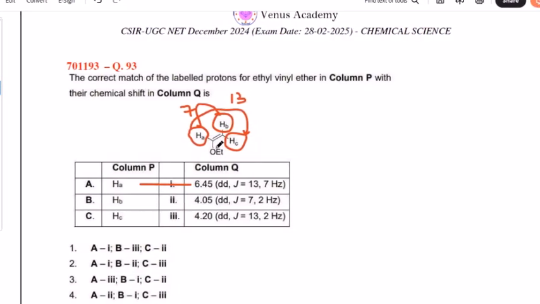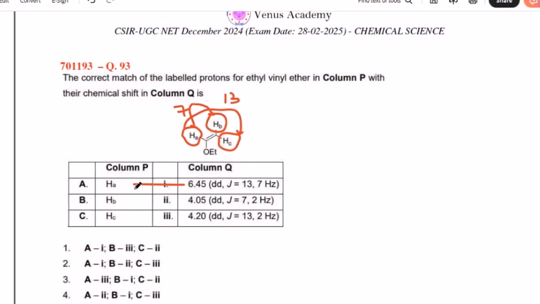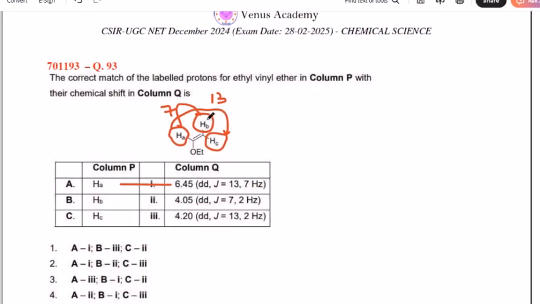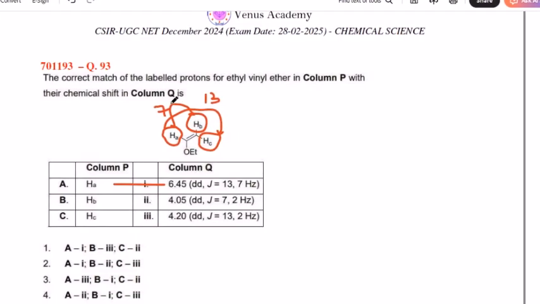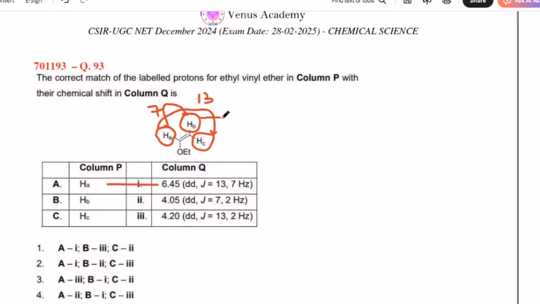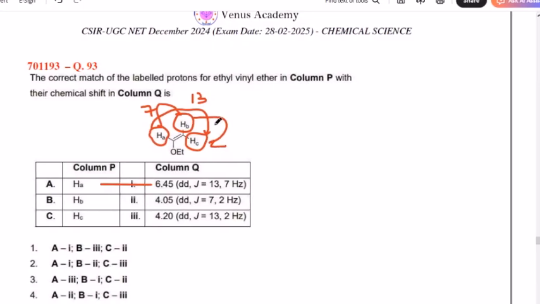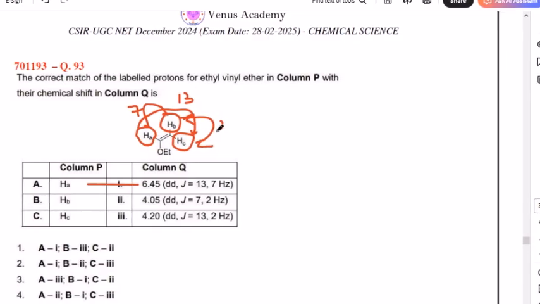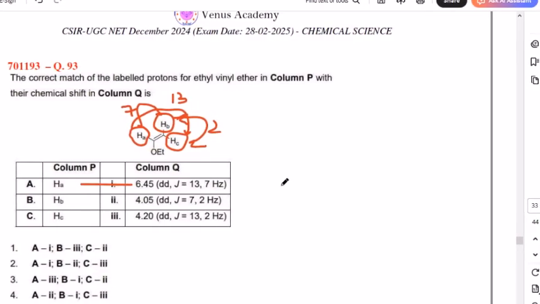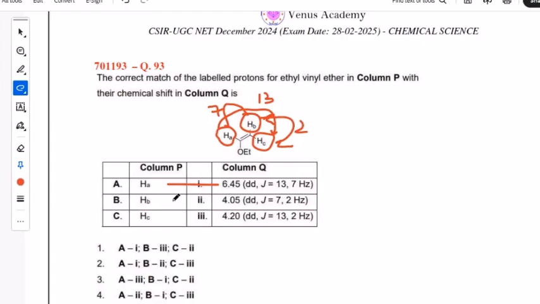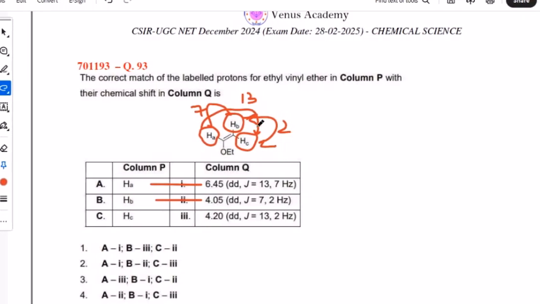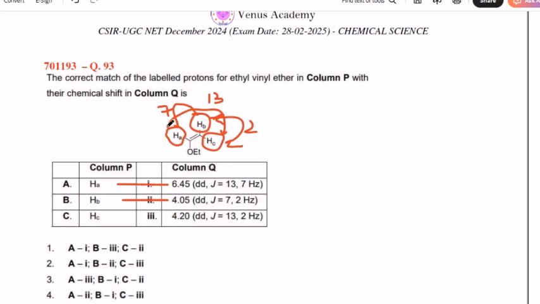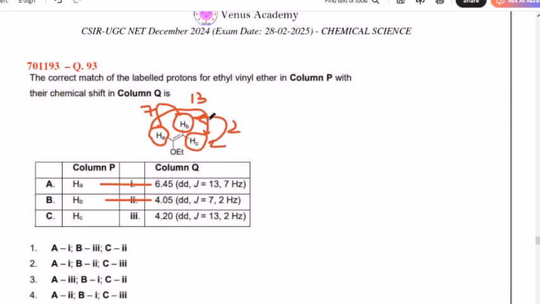Here it is adjacent to oxygen. Proton A is going to give 13 and 7, right? B is going to give 7, and this is gem coupling, which is only about 2. So B is going to be 7 and 2, and C, right, is going to be 13 and 2.